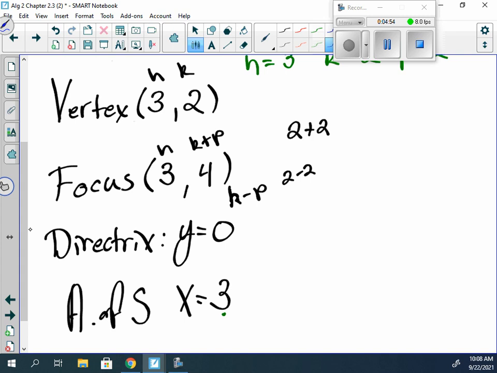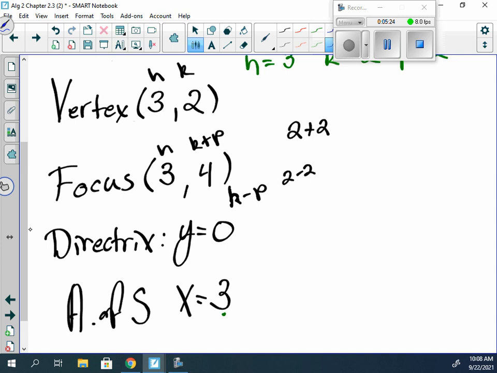Now, again, as I said, and y'all have kind of seen with this, it's very easy to switch. Like with the focus, is it going to be h plus p comma k, or is it going to be h comma k plus p? It's kind of easy to flip those two. Now, with the focus, because we saw it in the graphs, it's inside the parabola, yes? If we do have y equals, where's the parabola opening? Is it opening up or down, or left to right?